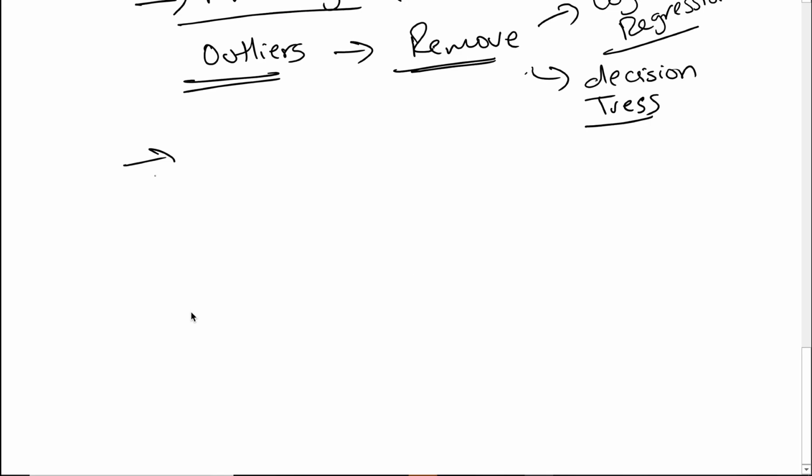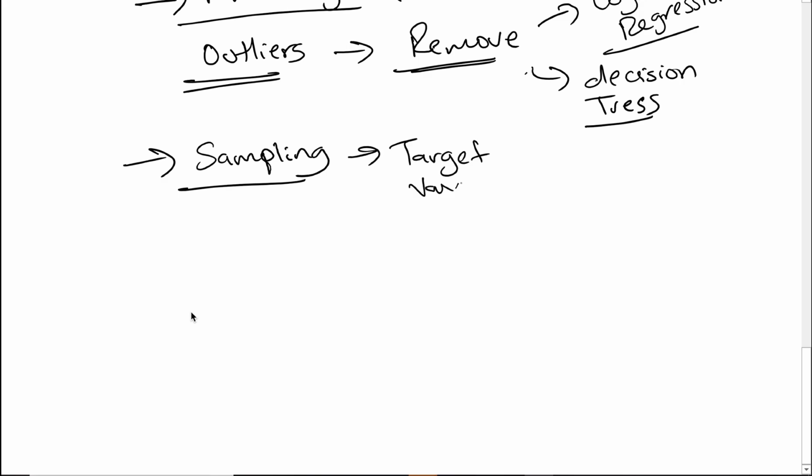Then another thing you need to look for is sampling. Now this usually happens with your target variable. Your target variable is nothing but the variable you're trying to predict. For example, let's say we're working with cancer data.